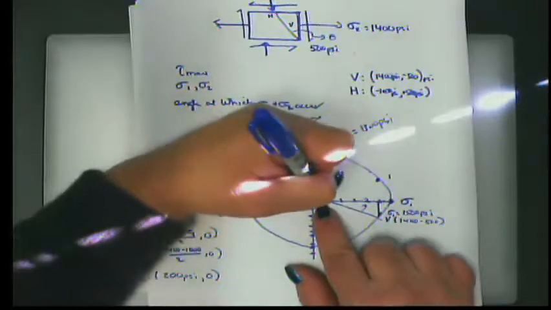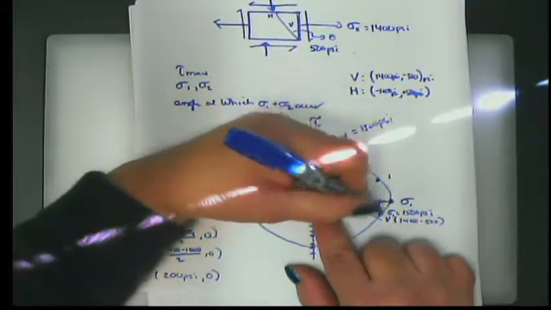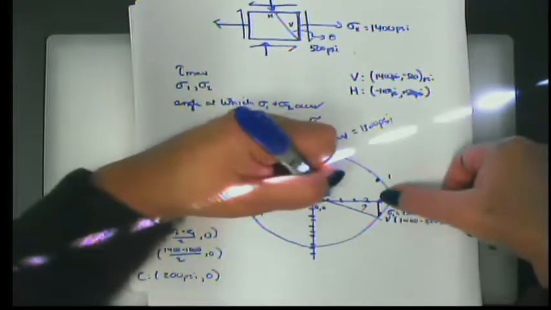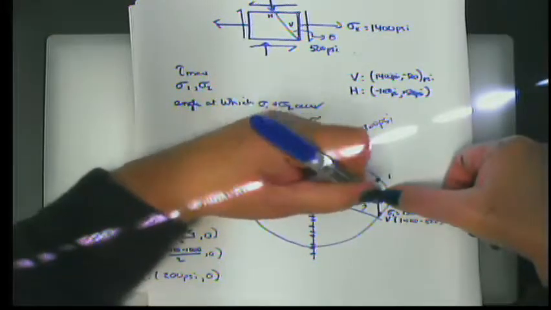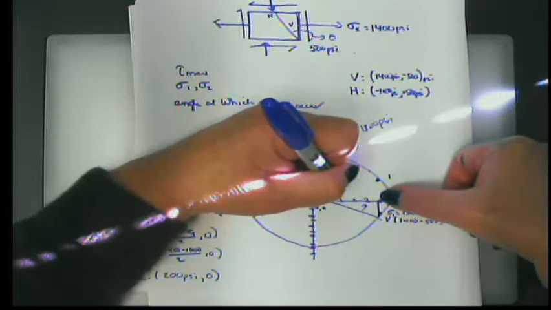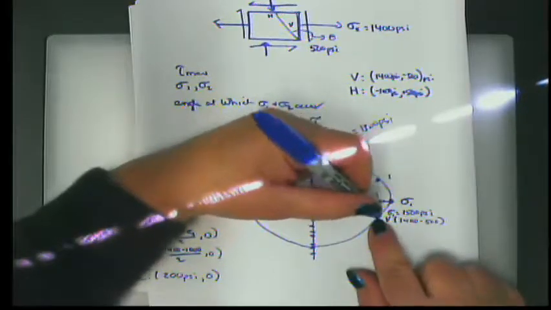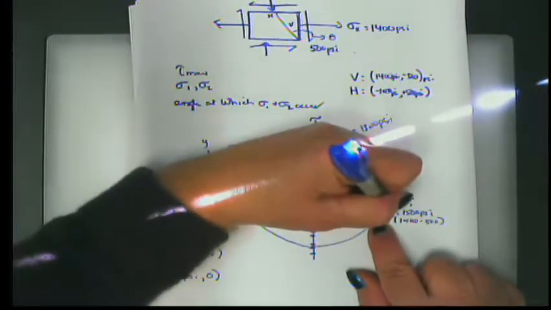Okay, my x component, if you look at this triangle that's inscribed in the circle, I start at 200 and I end at 1400. So this is 1400 minus 200, which is 1200 in this direction. And I go from 0 to 500 right here.